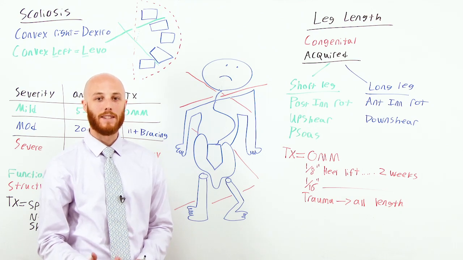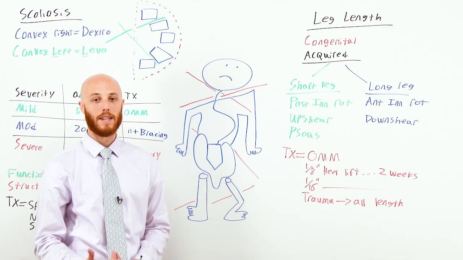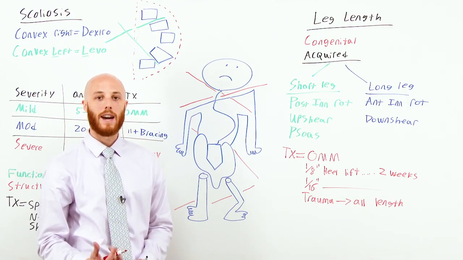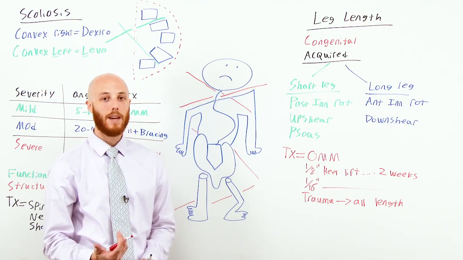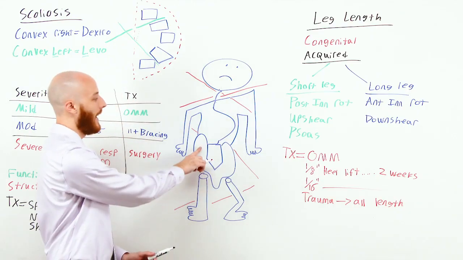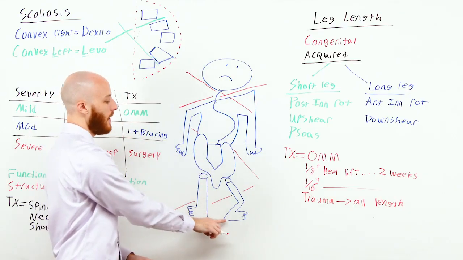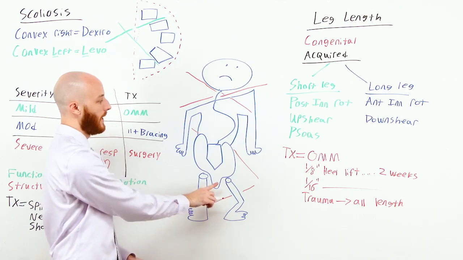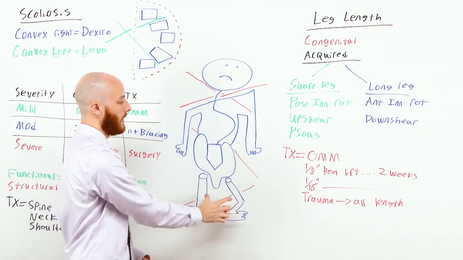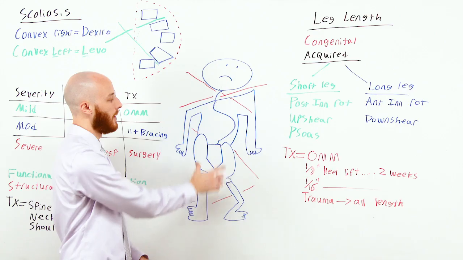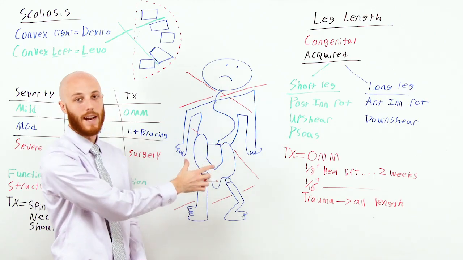If that's the case, the body has not had time to compensate, and you can give them their entire discrepancy back in a shoe lift. This is okay because since the rest of the body has not had time to compensate, if you start out slow and work your way slowly up, the body will have to compensate. But if you just give them their entire discrepancy all at once, then the body will remain normal as it has been.